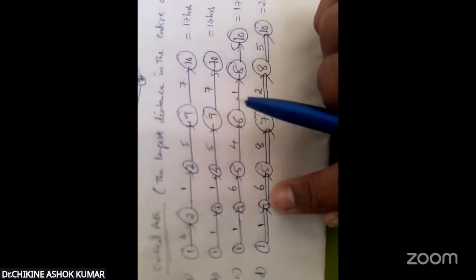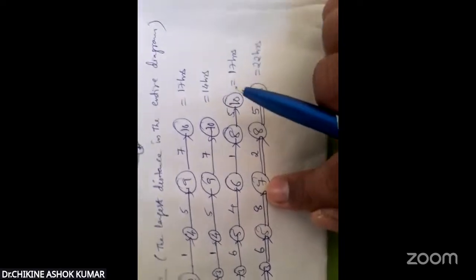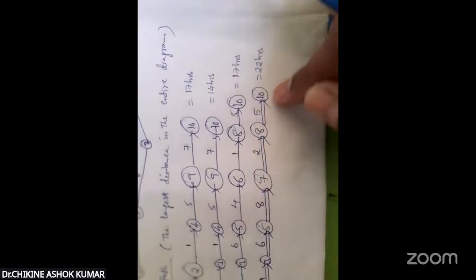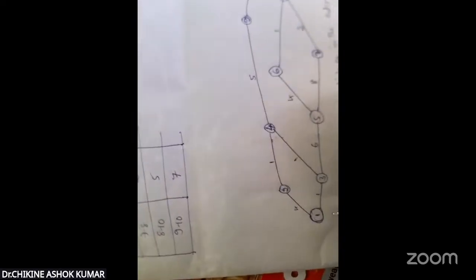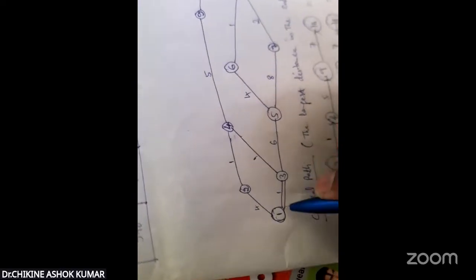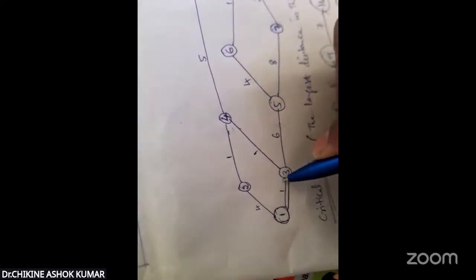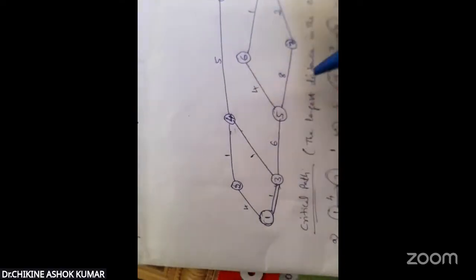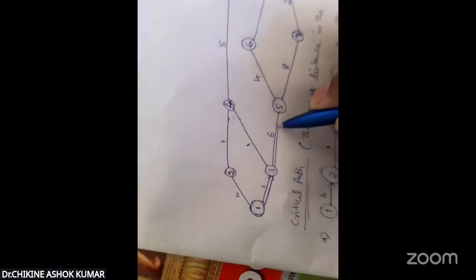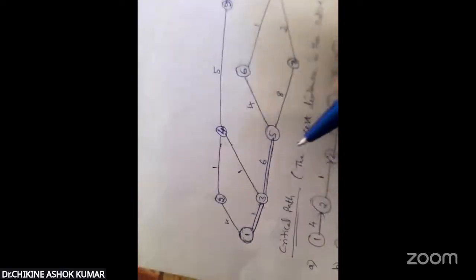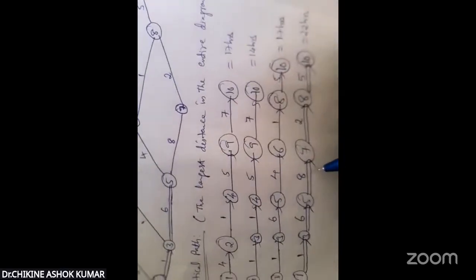1 to 3, 3 to 5, 5 to 7, 7 to 8, 8 to 10. So this is 1 to 3. Indicate with the double arrow mark. Next 3 to 5. Next 5 to 7.